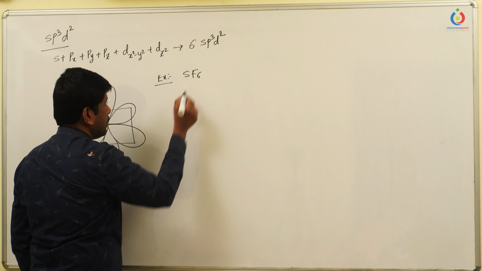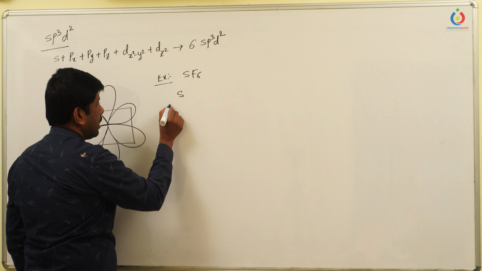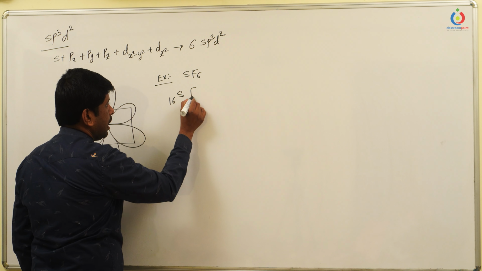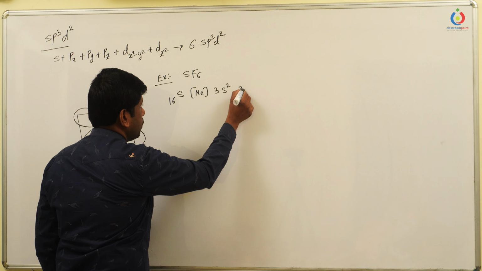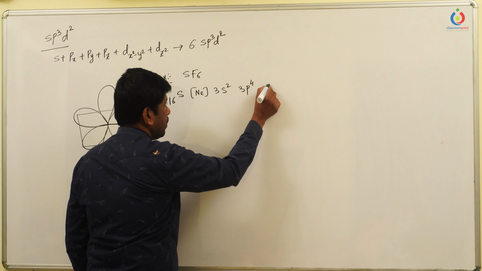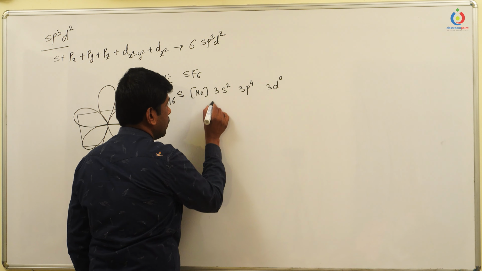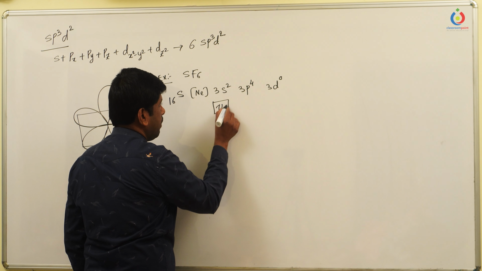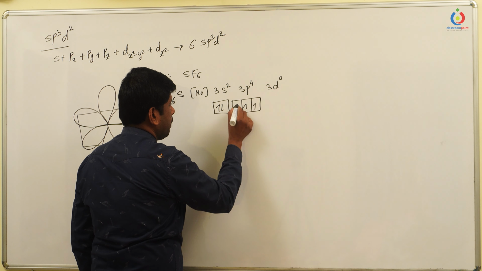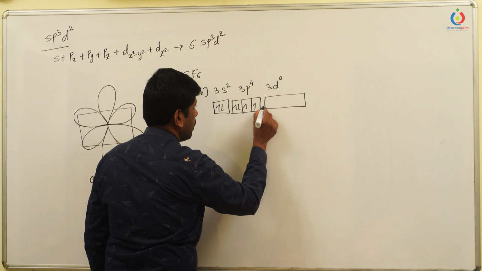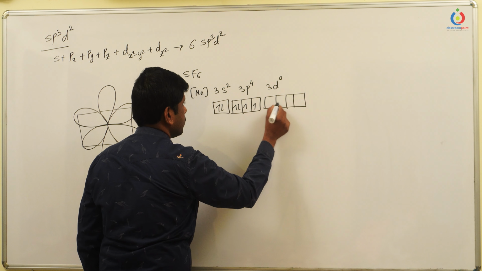Example is the SF6 molecule. Sulfur atomic number is 16. Electronic configuration: neon 3s2, 3p4, 3d0. So sulfur has two s electrons, four p electrons, and no d electrons.